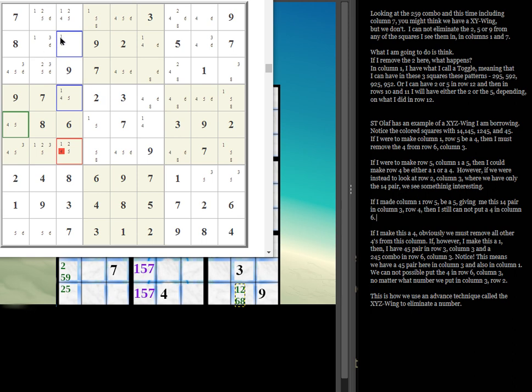If, however, I make this a 1, then I have a 4 or 5 pair in row 3, column 3, and a 2, 4, 5 combo in row 6, column 3. Notice, this means we have a 4 or 5 pair here and here in column 3 and also in column 1. We cannot possibly put the 4 in row 6, column 3, no matter what number we put in column 3 or row 2. This is how we use an advanced technique called XYZ-Wing to eliminate a number.